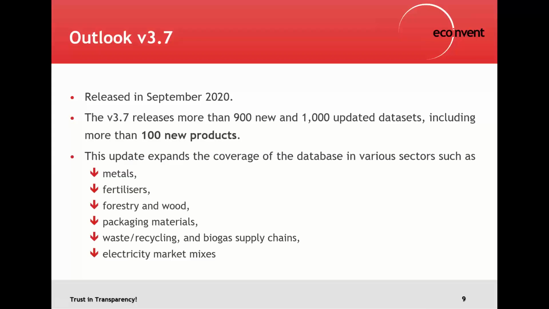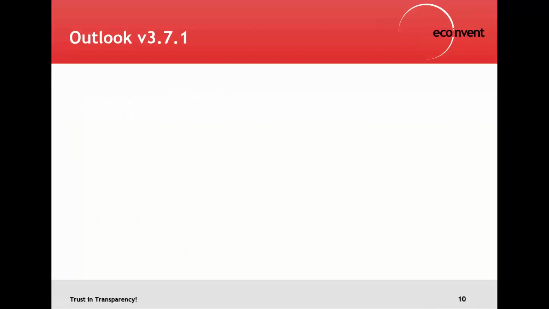In 3.7, the coverage of the database was expanded in various sectors, meaning that the update I just mentioned happened in the sectors listed here: metals, fertilizers, forestry and wood, packaging materials, waste, recycling, biogas, supply chains, and electricity market mixes. Then why are we talking about 3.7.1?